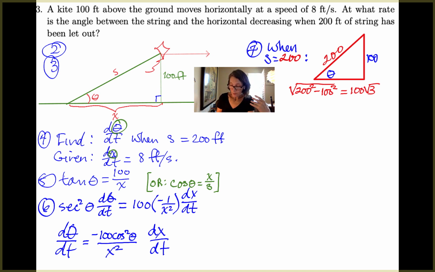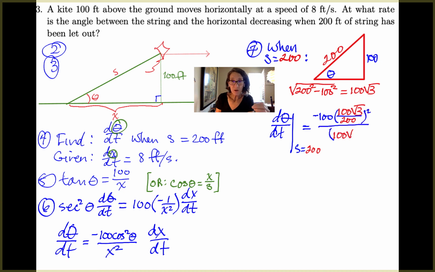So now I can start plugging in. d theta dt at the time when S is 200. So evaluating it, I'm going to plug in 100 times square root of 3 over 200. That's the cosine. And then 100 times square root of 3 is x, and 8 is dx dt. So don't square those things out. Notice a lot of things just cancel.